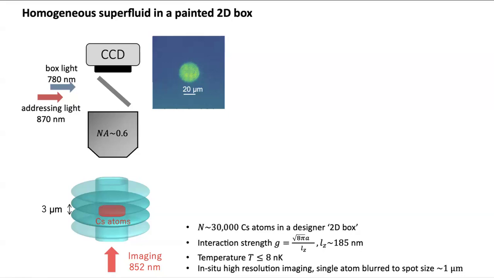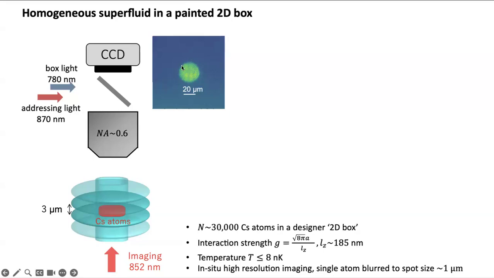So we call this a quasi two-dimensional gas, and it's confined in a two-dimensional box. The interaction strength is the ratio between the scattering length and the harmonic oscillator length along this vertical direction. And this scattering length is tunable from positive to attractive. The temperature of the gas is smaller than 800 Kelvin.